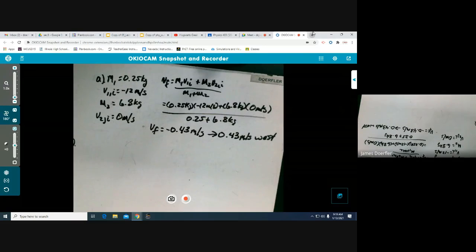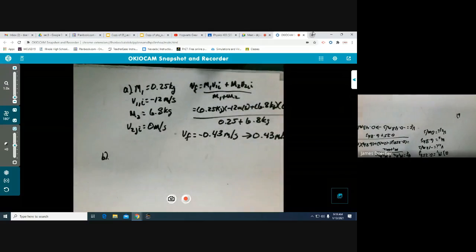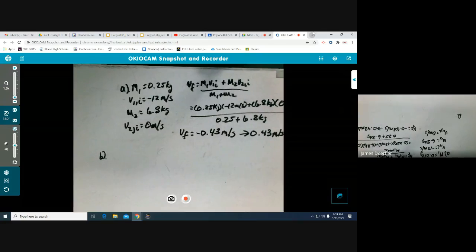That's what we did yesterday, but now in part B is what we're getting to do today. We all good on that answer? Okay, good. Next, in part B, it says, what is the decrease in kinetic energy during the collision?